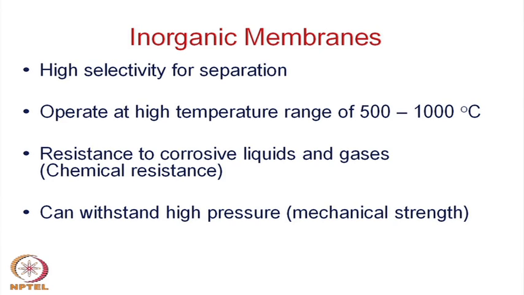Resistance to corrosive liquids and gases: they are relatively inert and therefore less corrosive, or not corrosive at all. They can withstand high pressure, because of their mechanical strength, here in comparison with polymers.